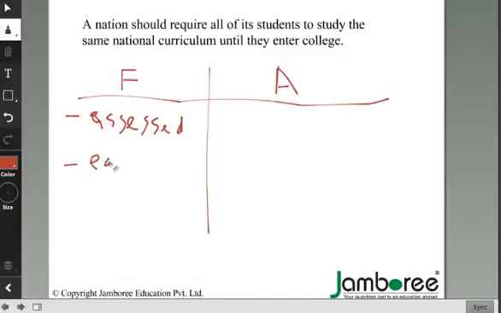Yes, good, equal opportunities. Anamika's point is the same standard of education. Good points.